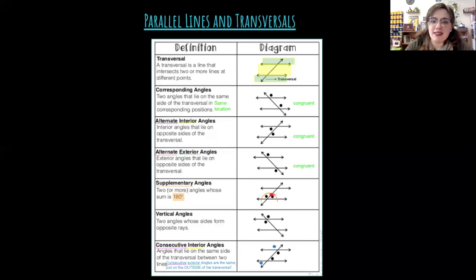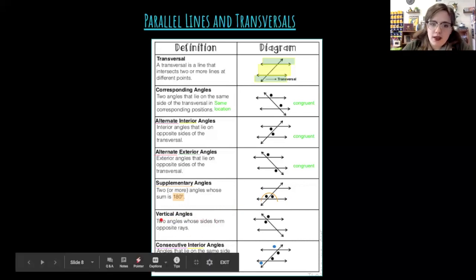So yes, I understand that this one shows it to you right next to each other, but these two right here, because we know that this inside left and inside up here are the same, these two are also supplementary, even though they're not next to each other. When they're next to each other, you can consider them a linear pair, but supplementary angles do not have to be adjacent, if you know what that means. They don't have to be up next to each other.